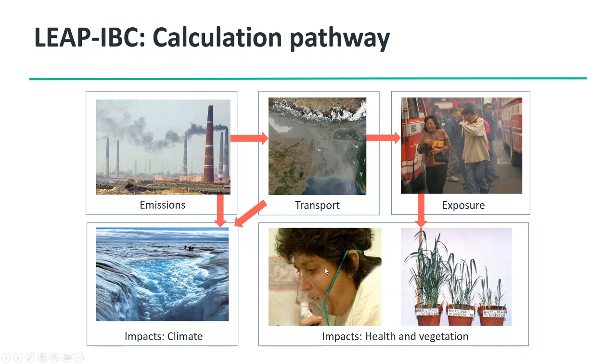And then we estimate the impact that that has on human health. We also calculate the change in radiative forcing, the change in the Earth's energy balance from the emissions that we calculate in LEAP, and convert that into the impact of those emissions on global average temperature change. So we're really trying to get at the impacts, the consequences of emissions, and how they change for different emission scenarios.